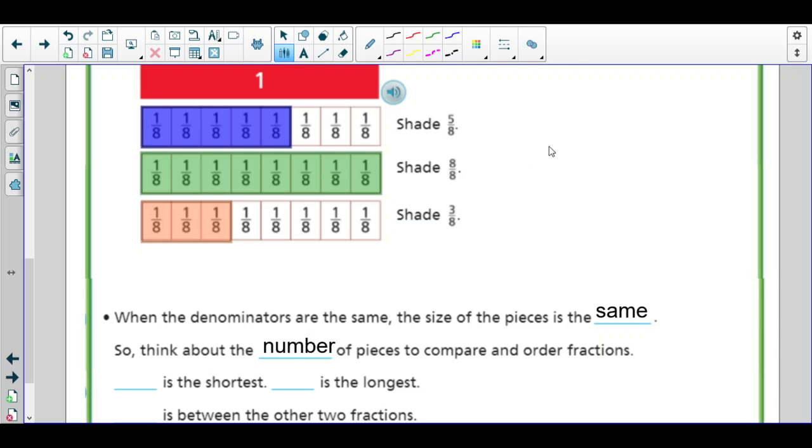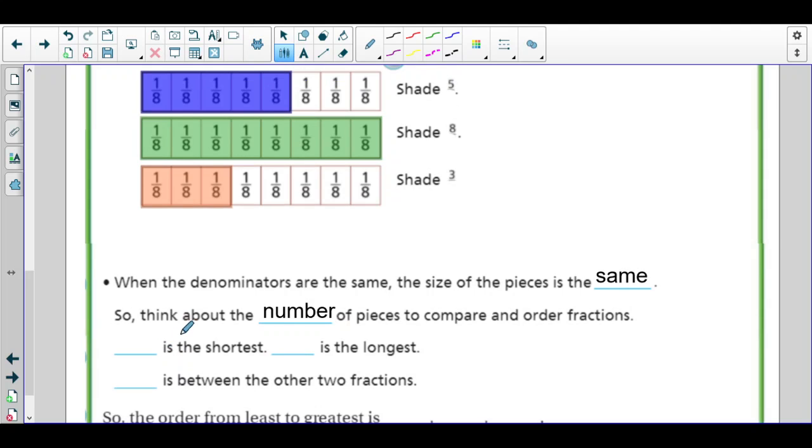Remember when we were looking at some of these examples and I said if the denominators, the bottom numbers, are the same, all we're doing is just looking at the top numbers. So now we are back to, all right, which one is the shortest or which one is the least? Well, that's 3. All right, and which one is the longest or which one is more? That's 8. And the one in between is 5.